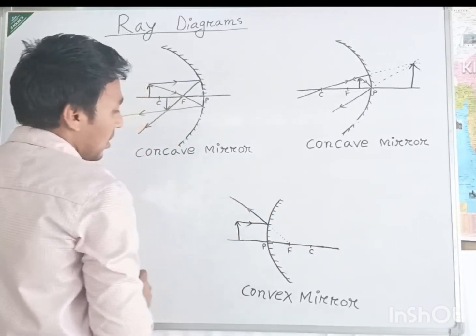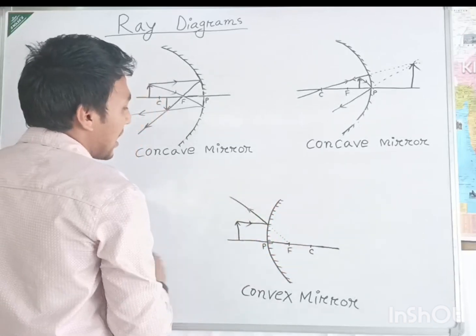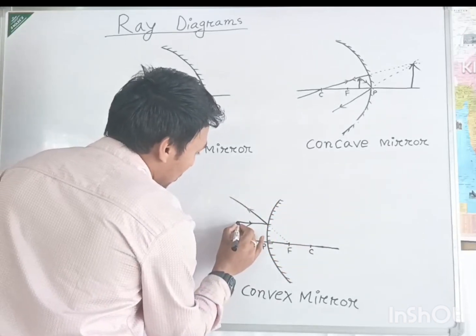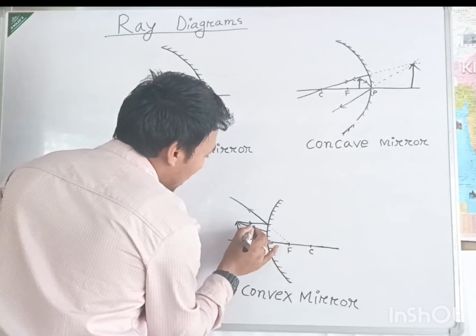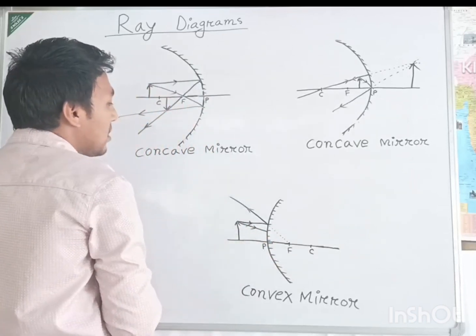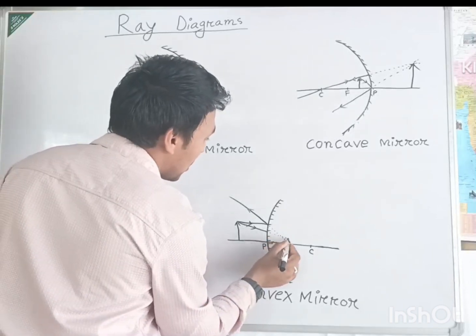Now next, a ray directed towards the curvature. In the convex mirror rule it is written that a ray is directed towards the curvature. Now you just make this dotted line.